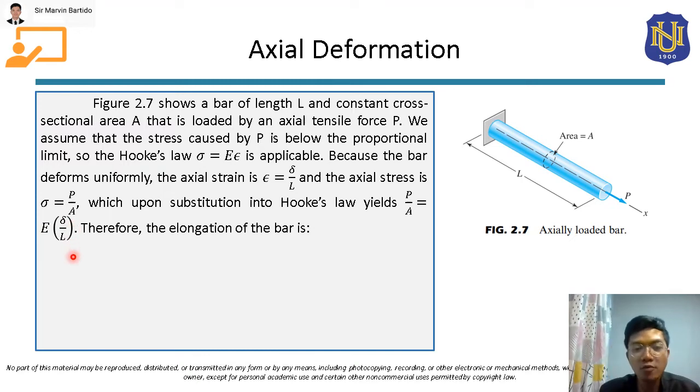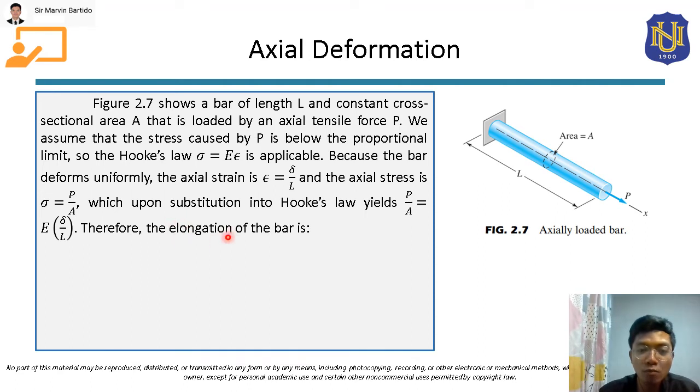So class, if we are going to compute the elongation or deformation or contraction of a material, in this case, the bar is acted upon by an axial tensile force, therefore the bar will experience elongation.